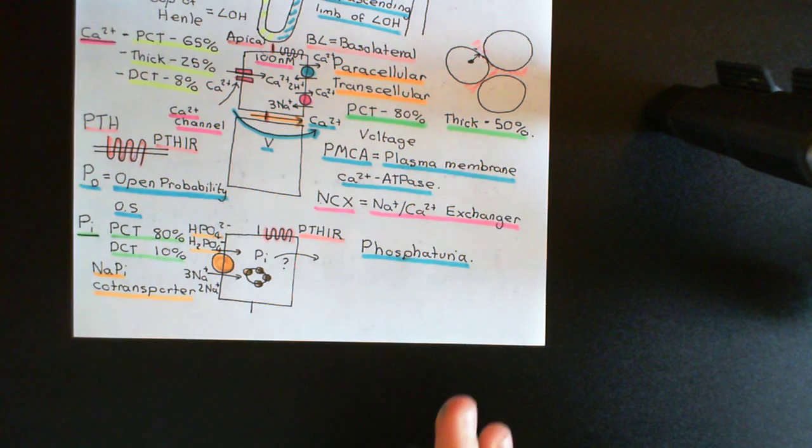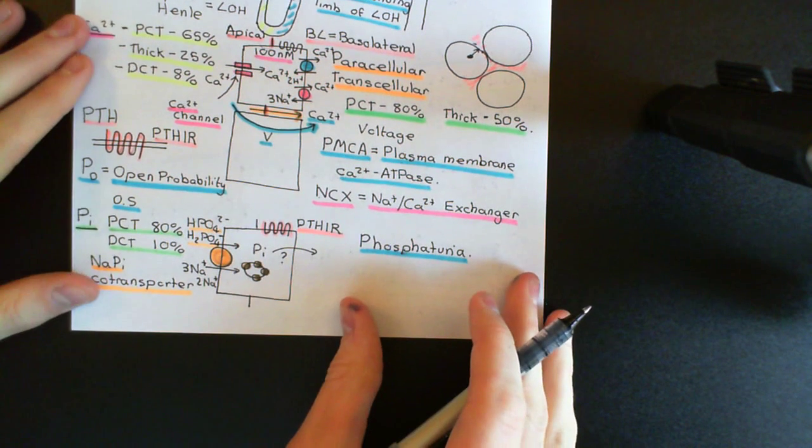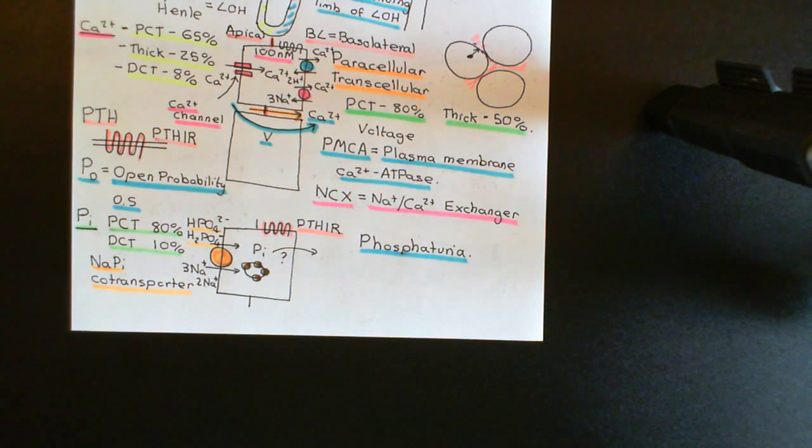There's one final action that it's going to have on the kidneys, which is going to take quite a bit of background knowledge to understand, and we're going to have a huge sort of diversion off to discuss this background.